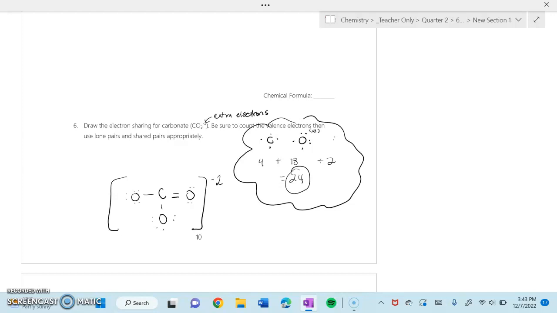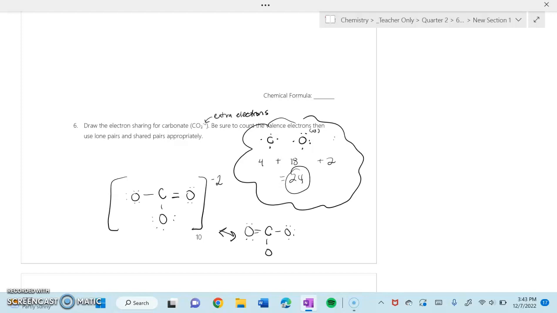A little note that we never talked about, but you might hear it in further chemistry courses if you take them, is called resonance. And so this double bond essentially could be between any of the carbon and oxygen bonds here. So resonance just means showing all of the possible structures of where that double bond could be.